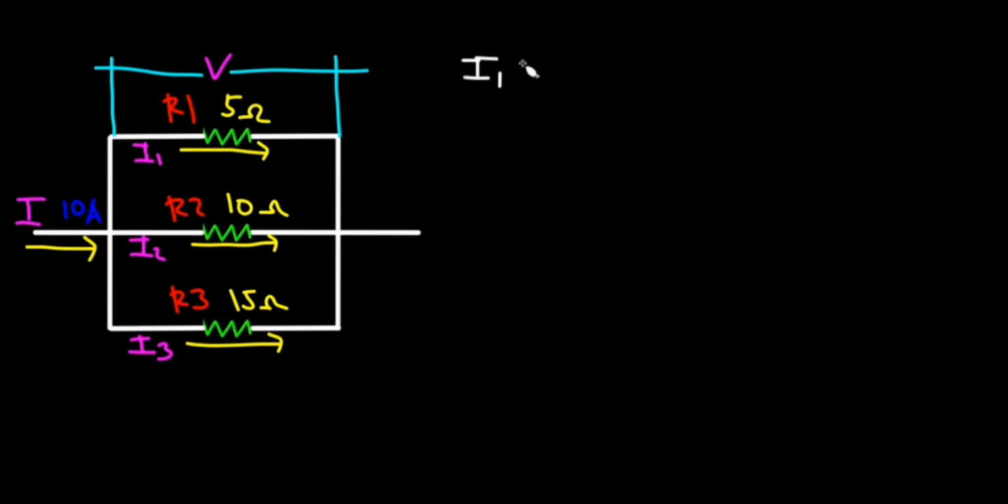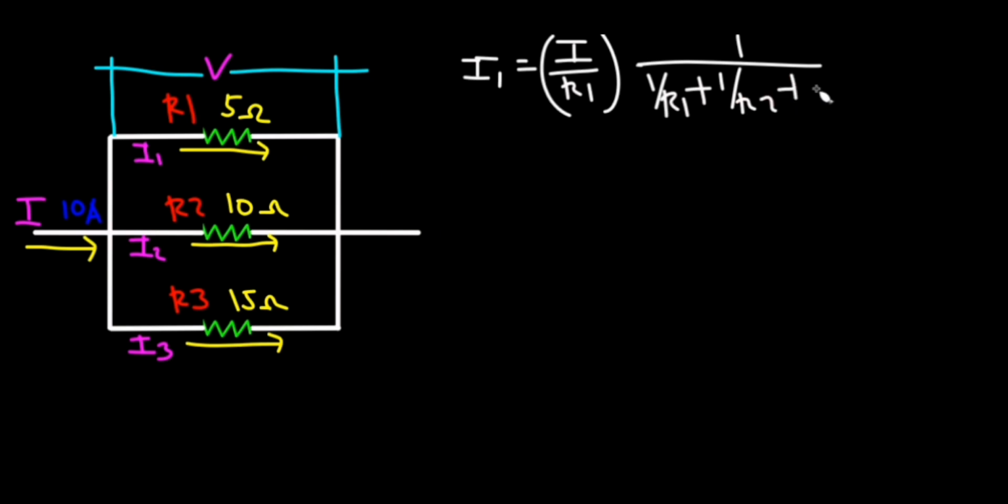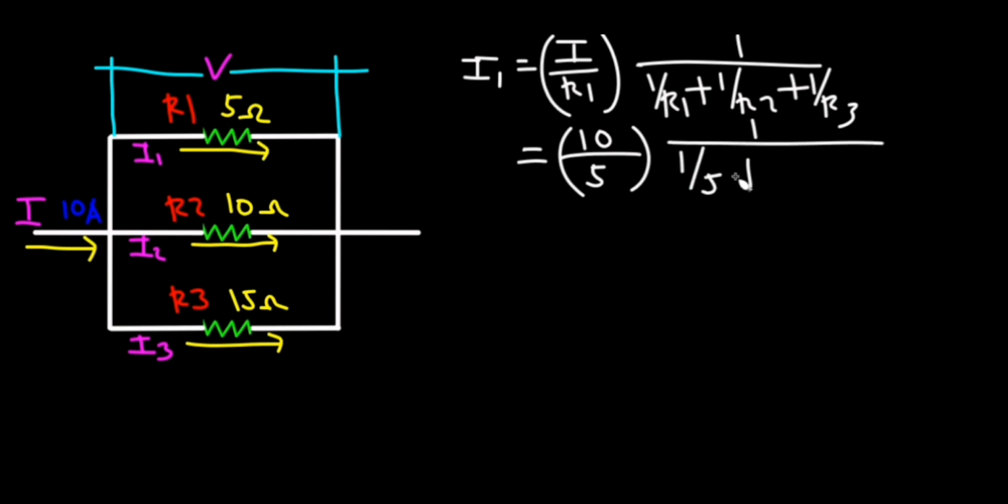The formula for I1 is equal to I over R1, times 1 over the total equivalent resistance of 3 resistors in parallel. For I1, it is equal to 10 over 5 times 1 over the quantity, 1 over 5 plus 1 over 10 plus 1 over 15.